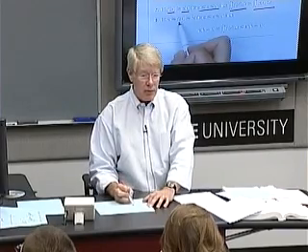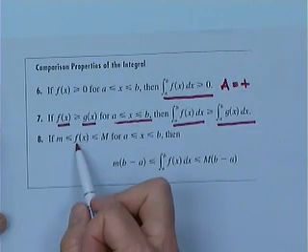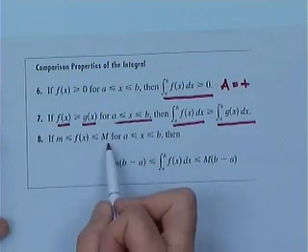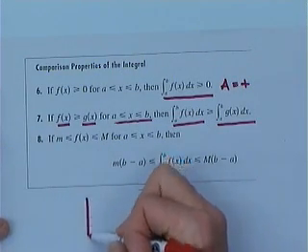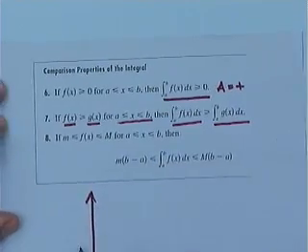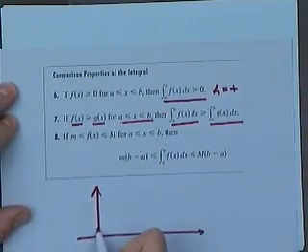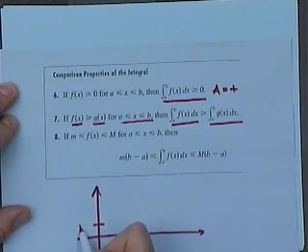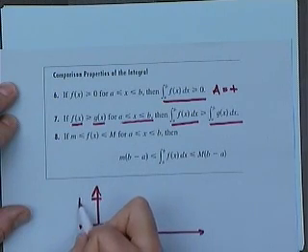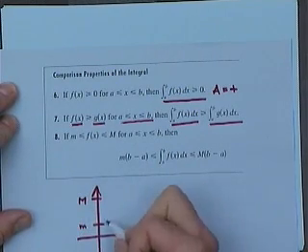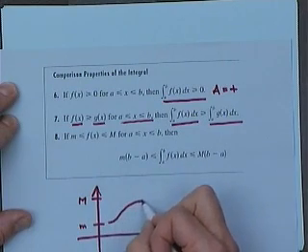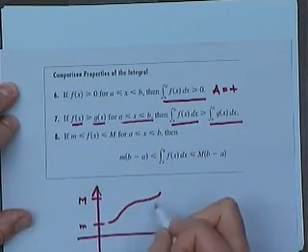Might need a picture for this one. So our function is somewhere between lowercase m and capital M over the interval. So here's lowercase m. There's capital M. Let's say our function does this.